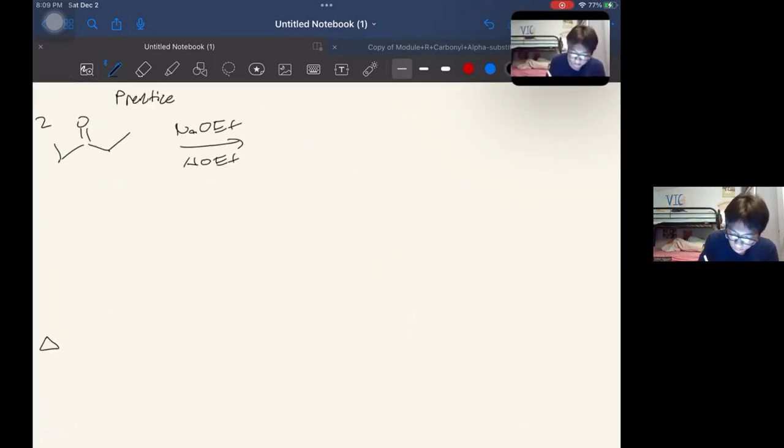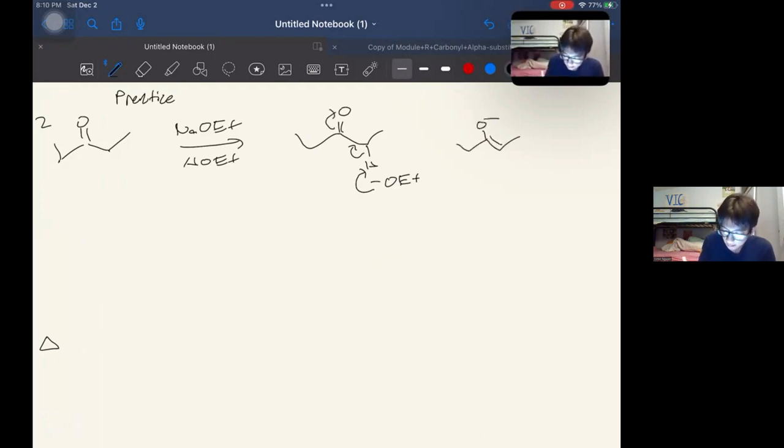Okay, so the ketone here is symmetrical, so it doesn't matter which side it gets pulled off. I'll choose the right side. OEt minus grabs an H, the double bond is formed by the electrons collapsing, and then the double bond here goes onto the O, and looks like this after.